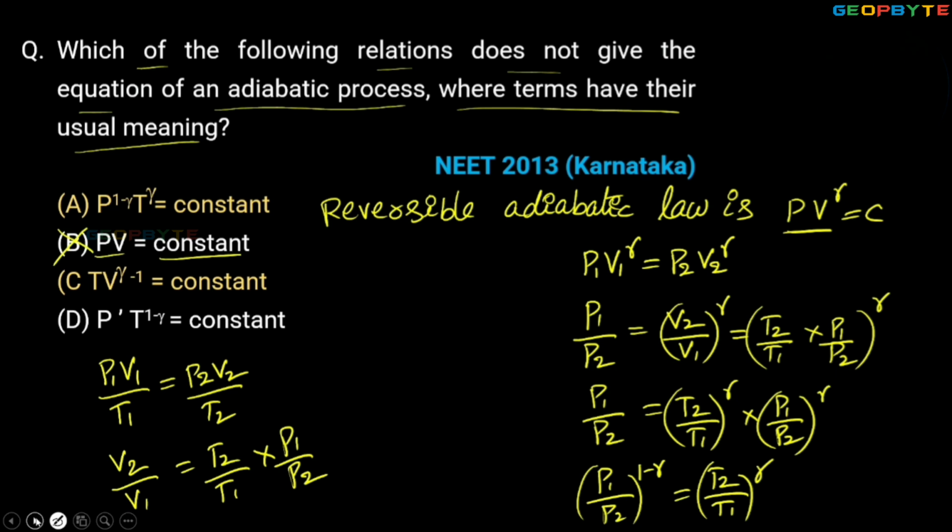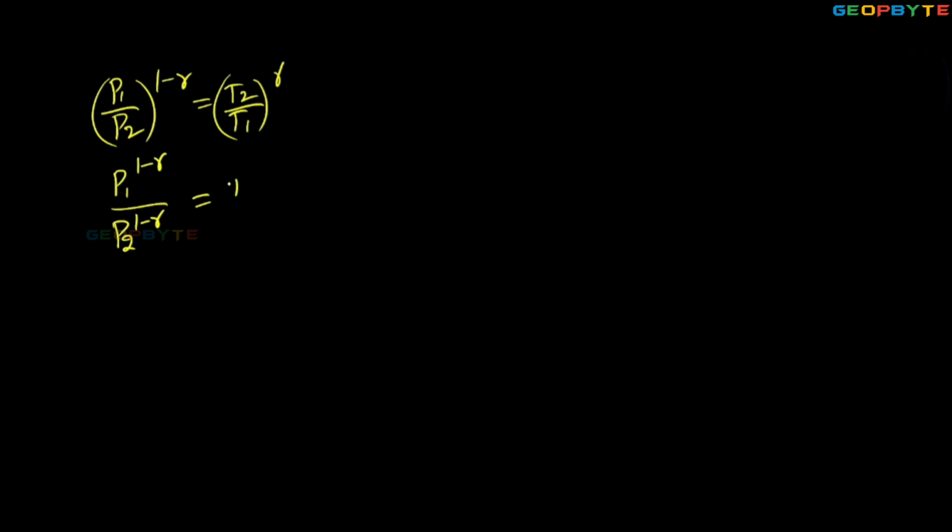Let us take another slide. Here you got P1 by P2 power 1 minus gamma equal to T2 by T1 power gamma, or P1 power 1 minus gamma by P2 power 1 minus gamma equal to T2 power gamma by T1 power gamma, or P1 power 1 minus gamma into T1 power gamma equal to T2 power gamma into P2 power 1 minus gamma.